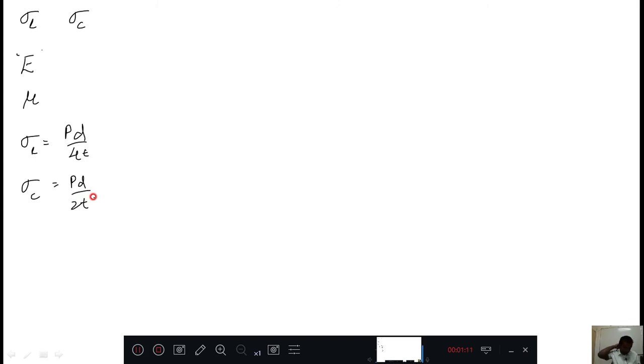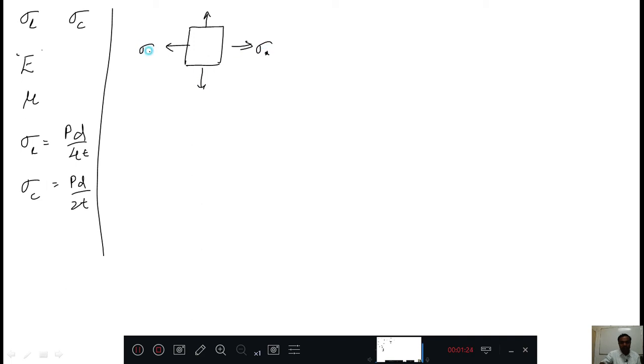In the first chapter, first module, we saw that if plane stresses sigma x and sigma y are acting like this, then this is not a compound stress. I am explaining what we considered in the simple stress chapter.